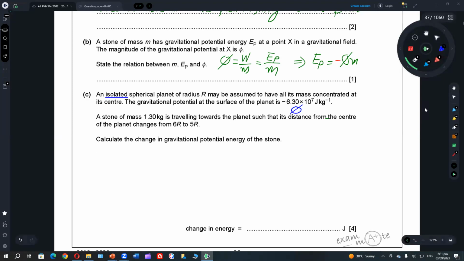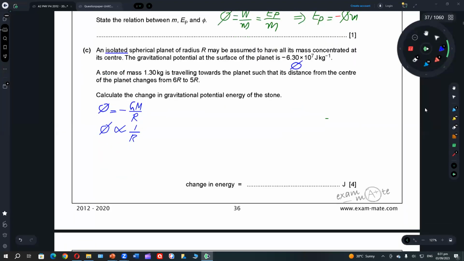What's the formula for potential? The formula for potential is minus Gm upon R. It means potential is inversely proportional to R. I have the potential at R, I need the potential at 6R, and I need the potential at 5R.